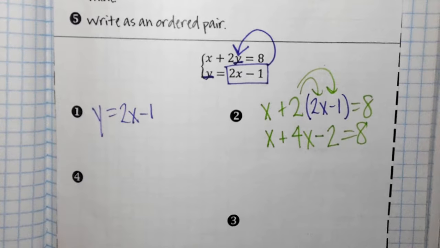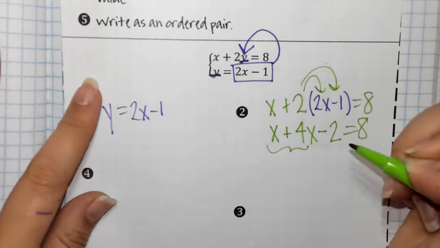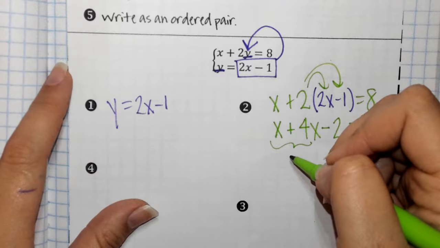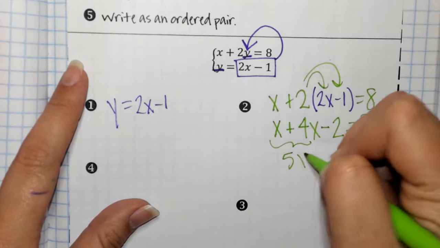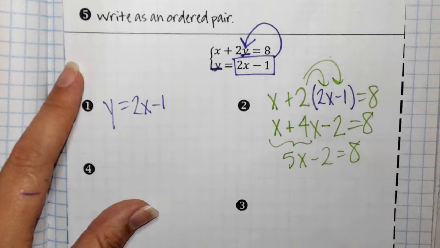Does everybody see how I got 4x minus 2? Are we sure? Alright, now let's combine like terms. What's x plus 4x? 5x. Somebody's alive out there. Take a point. 5x minus 2 equals 8.